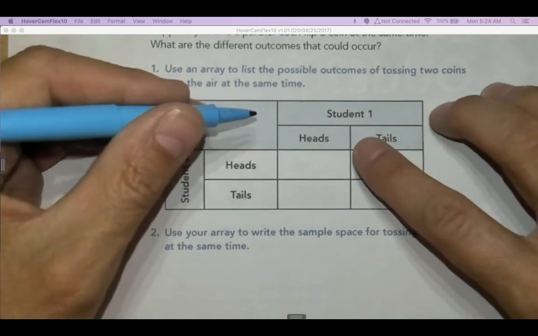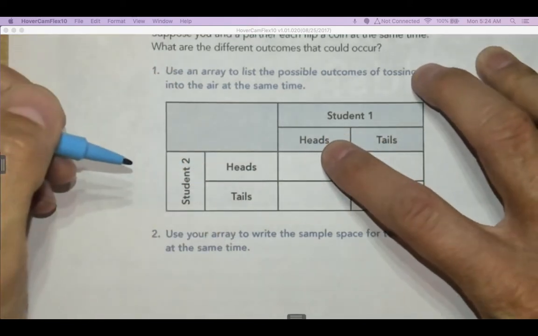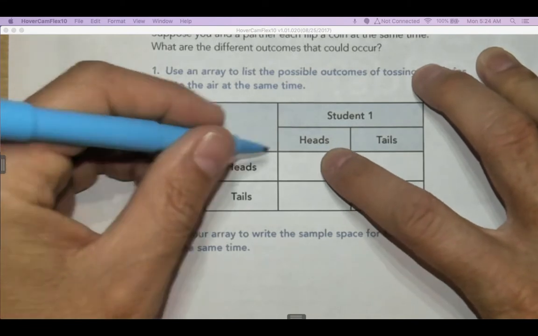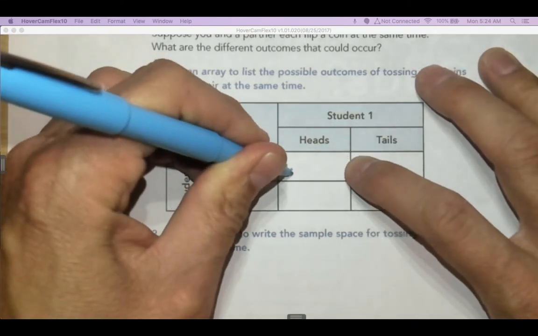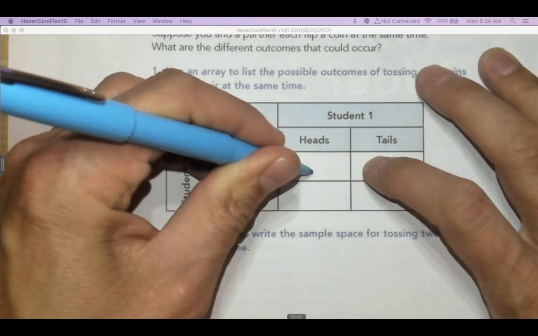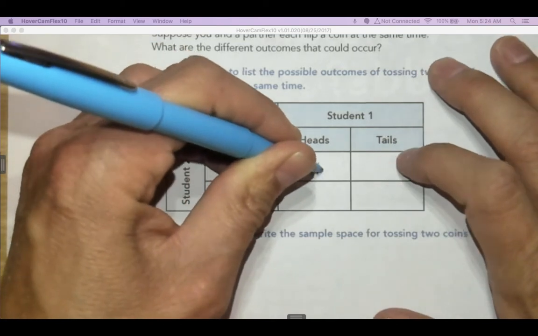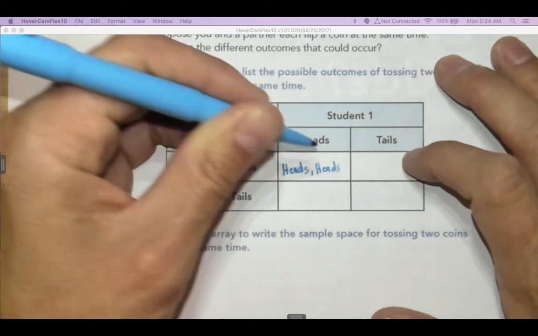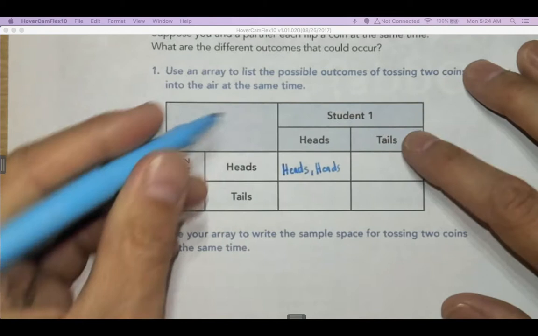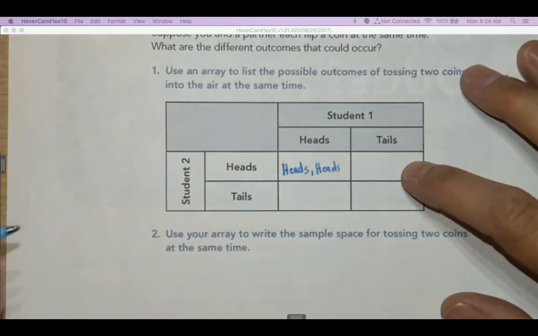So basically they're saying if myself and my partner both tossed heads, we would have two heads. And then we're just bringing these together here in the array.